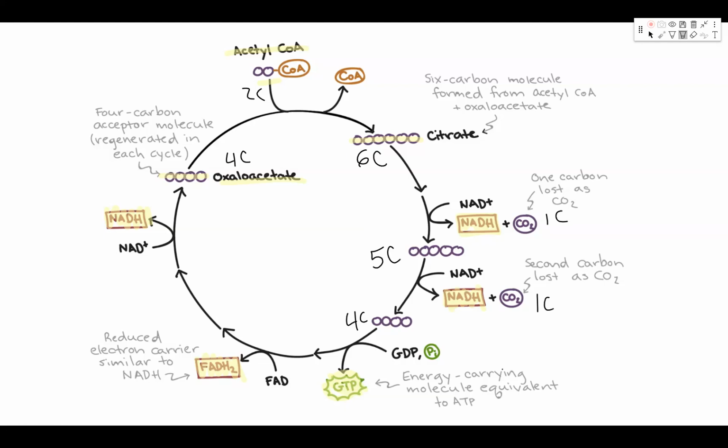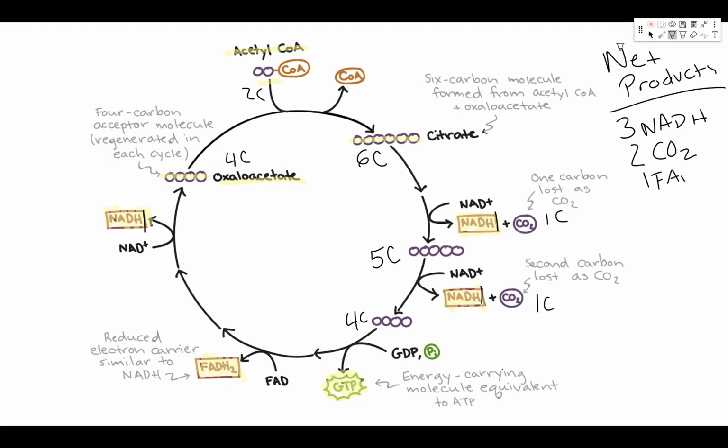So our net gain here, our net products, what we're getting: 1, 2, 3 NADHs, 2 carbon dioxides, 1 FADH2, and 1 ATP.